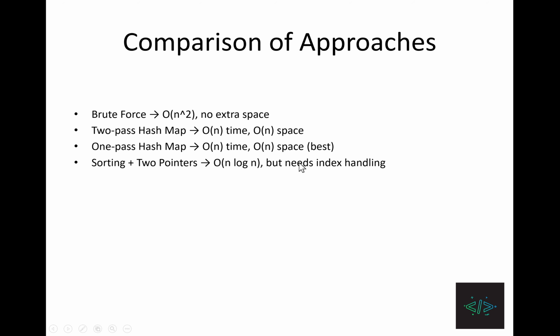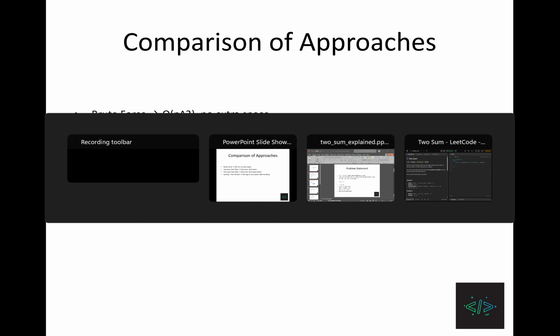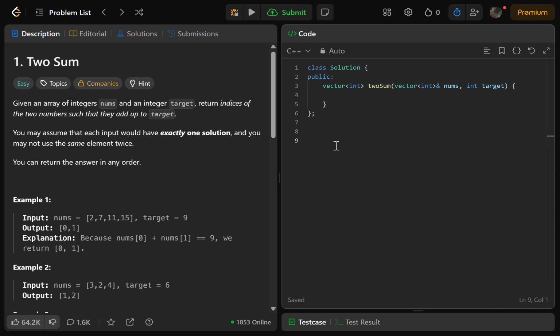So now let us solve the problem in code. We will use the one pass hash map, because it will be the best for interview purposes. So let's just solve it. Basically, we will have a hash map, we'll use an unordered map.